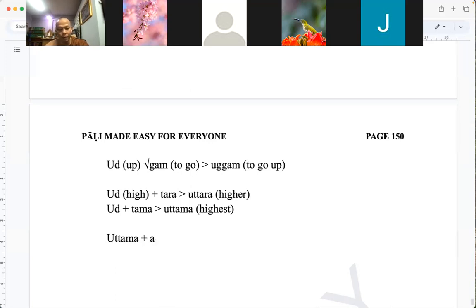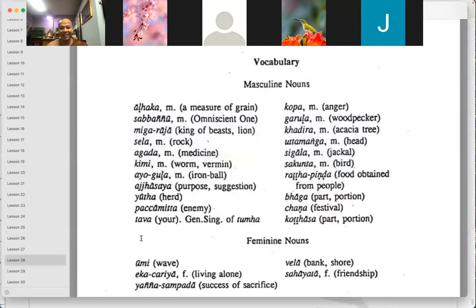And then inga means part of the body. So what is the highest part of the body? The head, Bante. Right. That is here. Head.